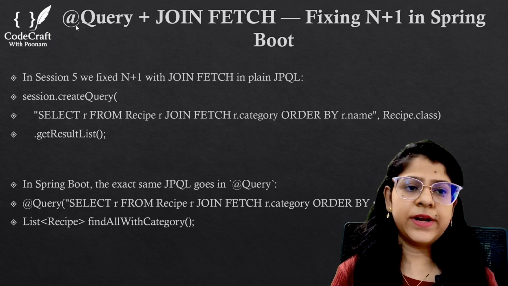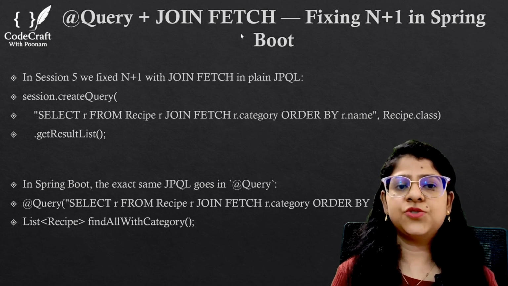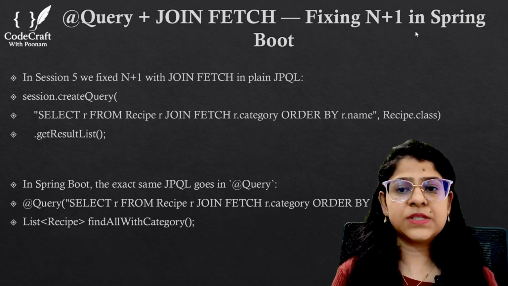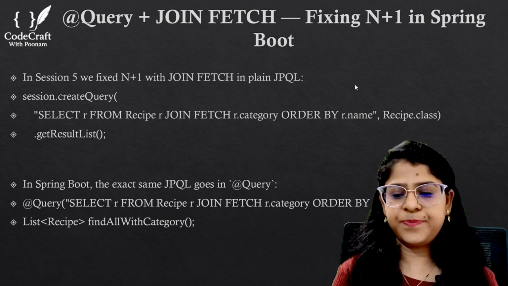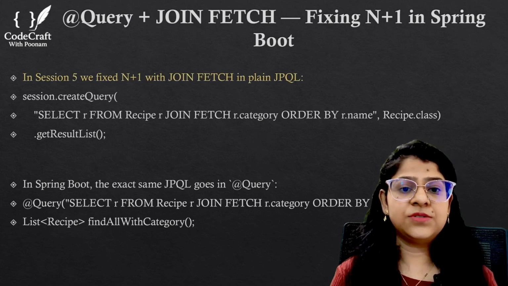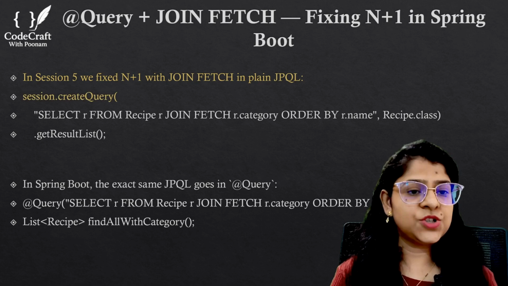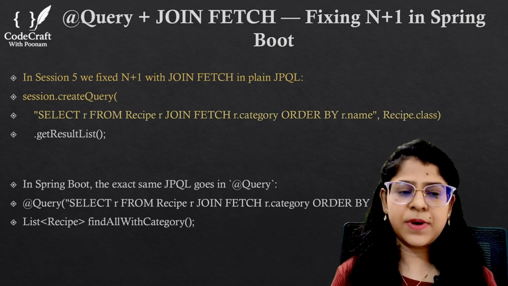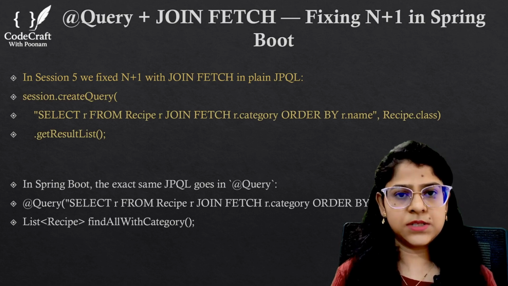So now coming to @Query and join fetch. Join fetch is used to fix the N+1 problem in our Spring Boot. In session 5, we fixed this N+1 with join fetch in plain JPQL, right? There we used session.createQuery, gave the select statements manually, and used the getResultList method.